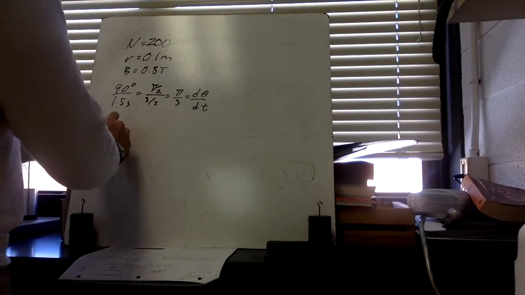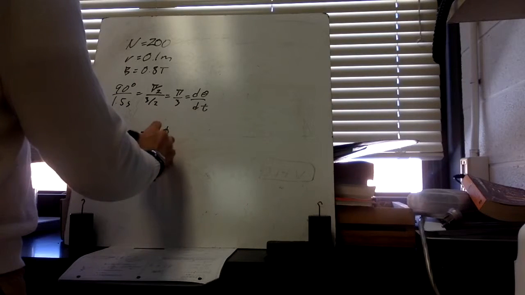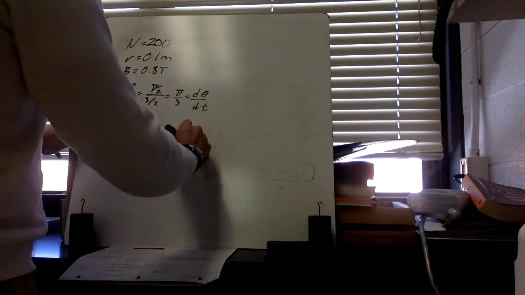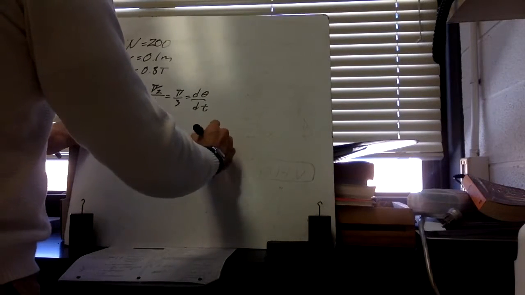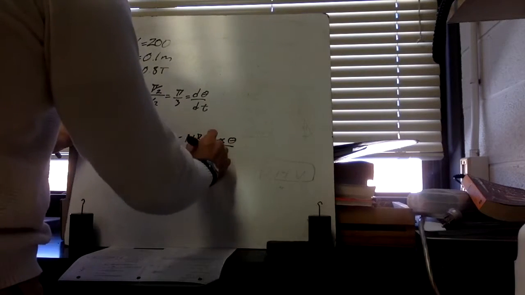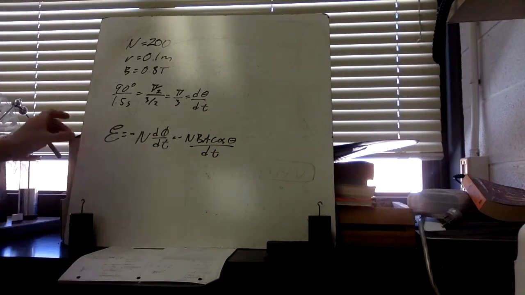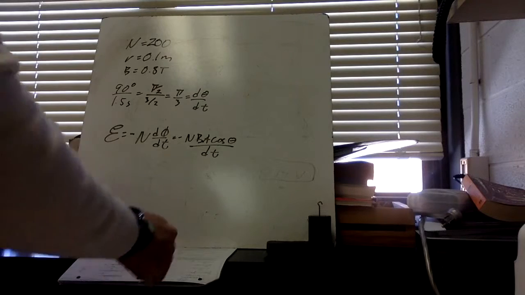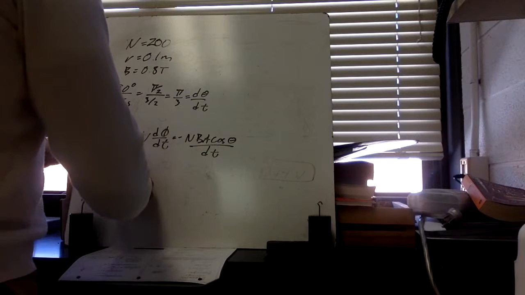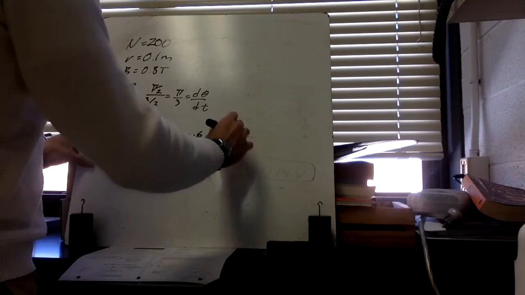Okay, and so the EMF, again, is negative N dΦ/dt. So this is going to be negative N d(B A cosine theta)/dt. B and A are staying constant, but the thing that's changing is theta here. Sorry, this should be d of B A cosine theta dt.